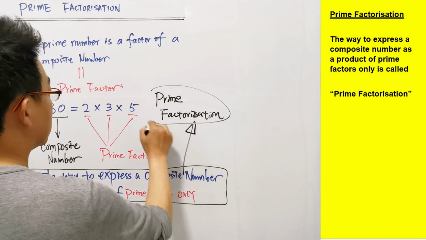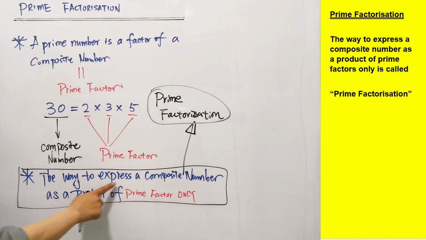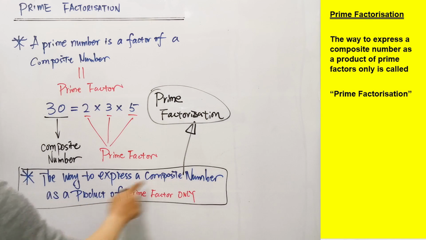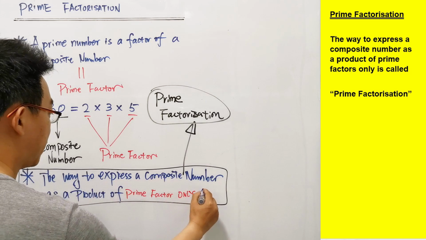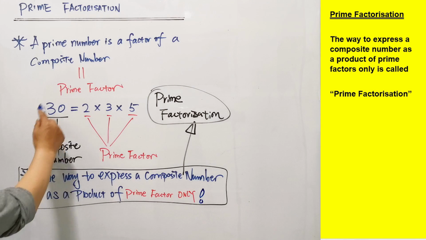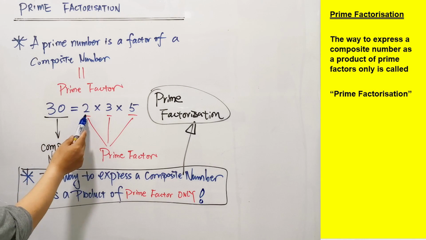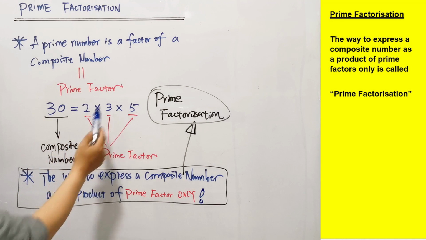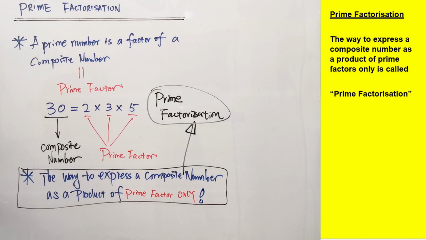The way to express a composite number as the product of prime factors only. So in this case, 13, let's express as 2, 3, 5. 2, 3, 5 are prime numbers, so it's only prime factors.